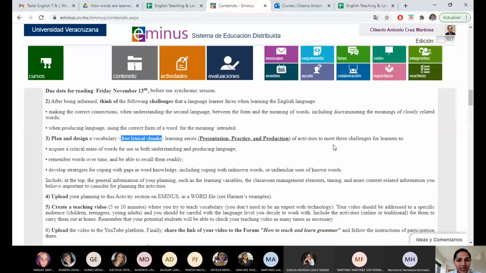Plan and design this series of activities to meet the challenges for learners that we discussed previously: to acquire a critical mass of words, remember around 12, for use in both understanding and producing language; remember words over time, long-term, store them, and be able to recall them immediately.